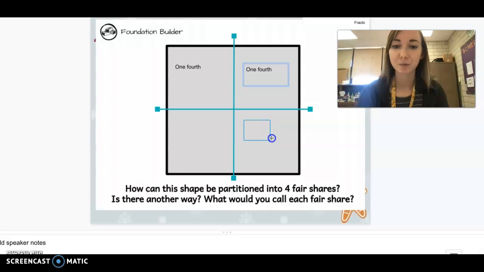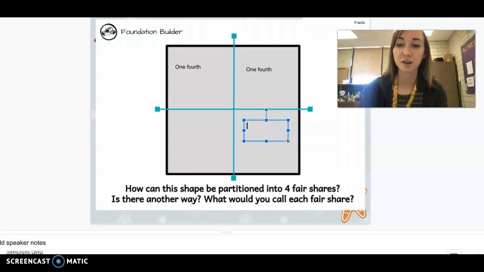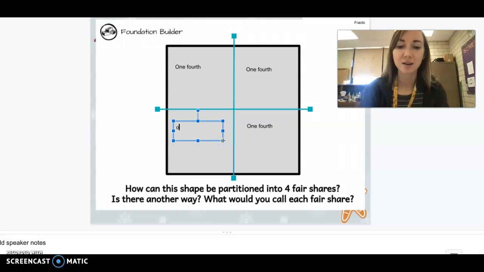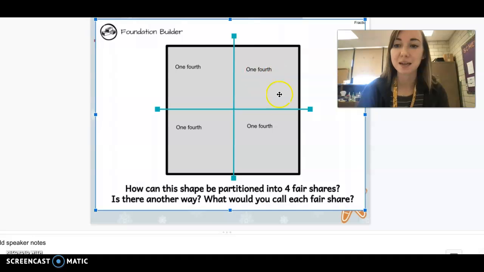Over here, we have another, what is it? 1/4, and over here, this is a 1/4. All right, so that's what we can name each of these shapes. And if we have 2 put together, so this is 1/4, this is 1/4, now we have 2/4. 2/4 when they're put together, or 1, 2, 3, that would be 3/4.